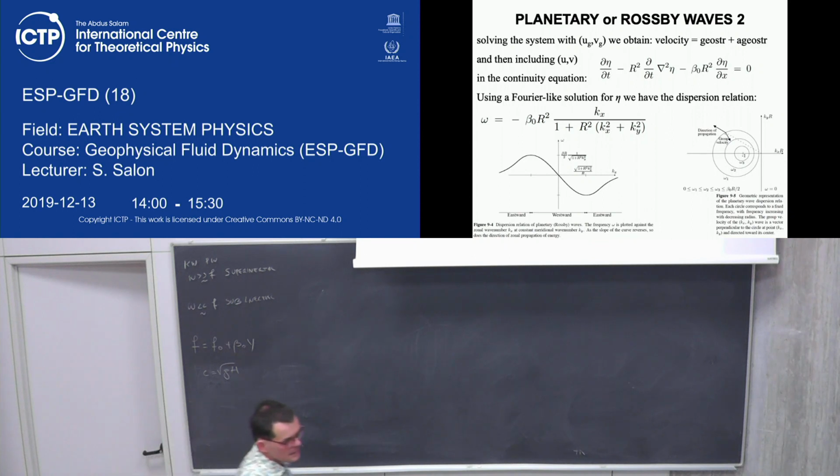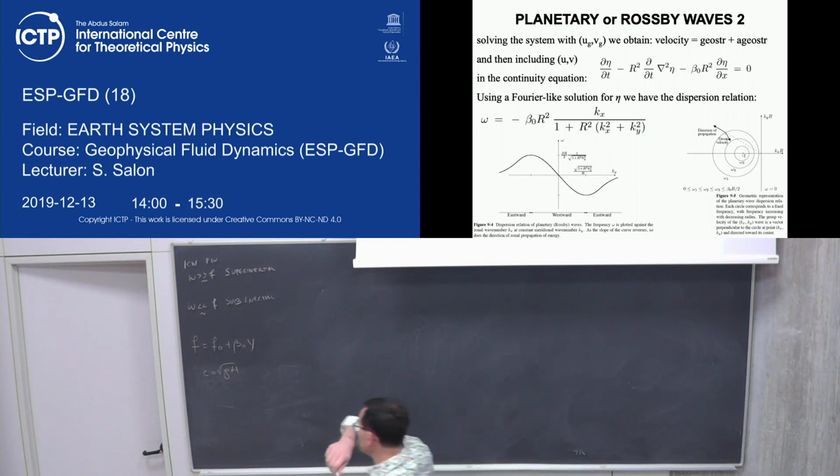Okay, so we analyzed one kind of perturbation. Now we can analyze a second kind of perturbation. I already mentioned it as topographic.